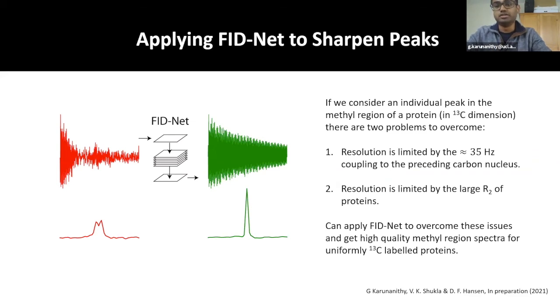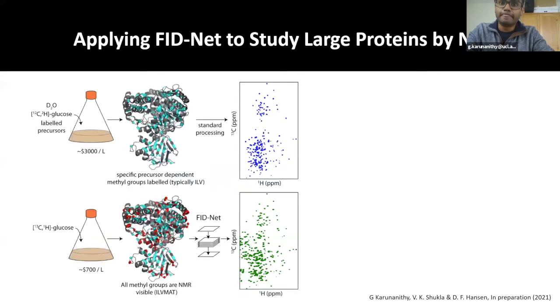And B, resolution is intrinsically limited by the signal decay. Can we train a network to overcome both of these things at the same time? So A, to decouple, and B, to make the signal persist for longer and give us sharper peaks. And I'll skip to the end and say, basically, yes, we can.